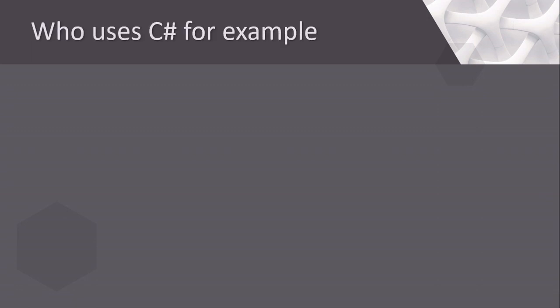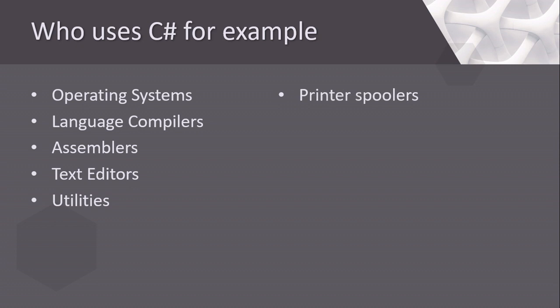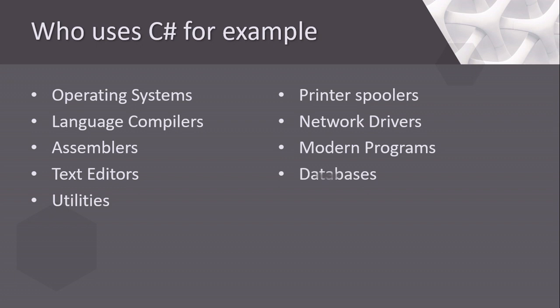Who uses C language? For example, operating systems, language compilers, assemblers, text editors, utilities, printer spoolers, network drivers, modern programs, databases, language interpreters.